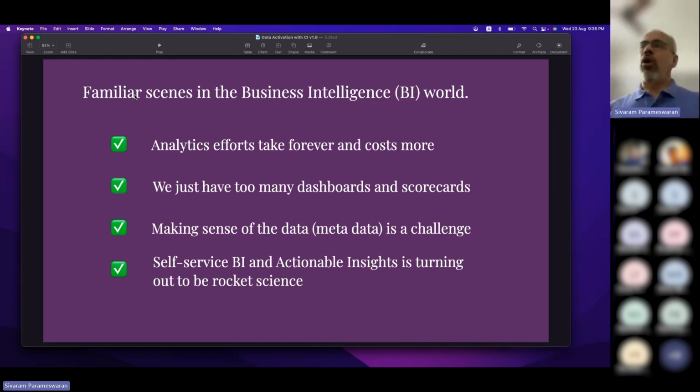Despite all the large investments we made in technology and people, there is still some discount in the ROI from these analytics efforts. And second, people who have worked in the BI world will relate to this: there are way too many dashboards and reports.